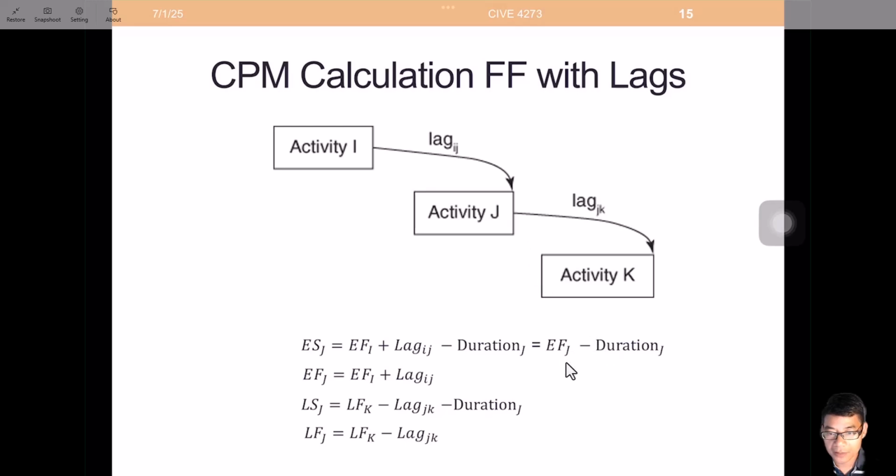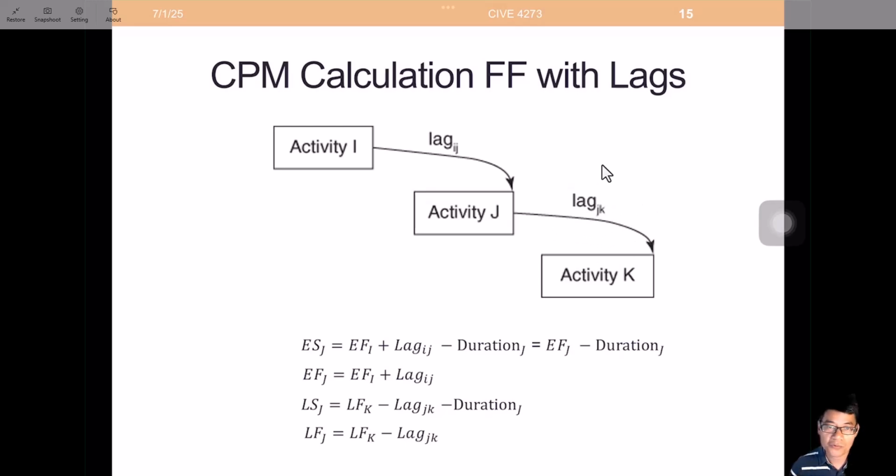So that's how we got this equation. The late start of J is the late finish of K minus the lag, and since we are trying to get the start date, we also subtract the duration. The late finish of J is the late finish of K minus the lag IJ.